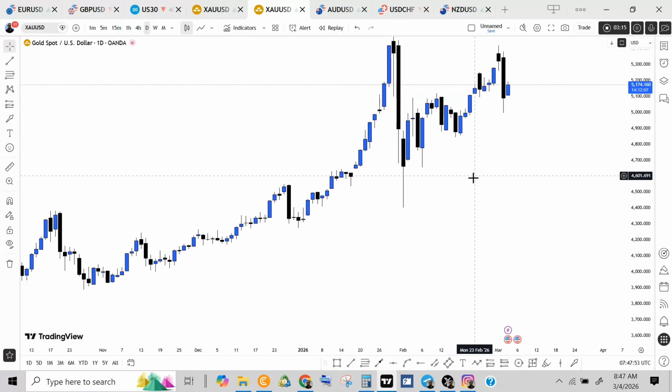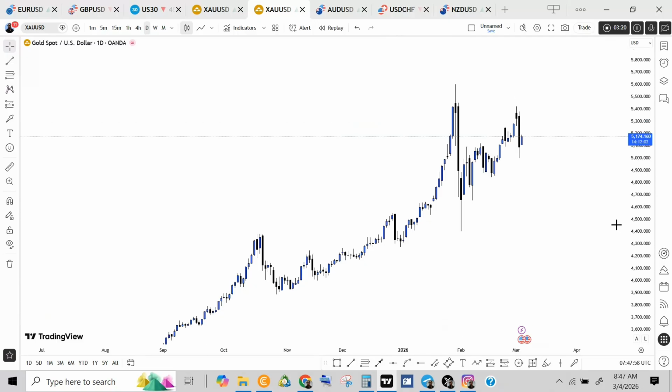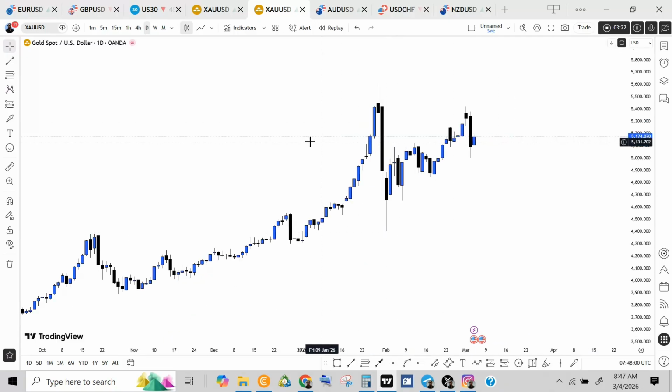Now on the daily time frame, we are also looking at this market. The market is overall bullish. Okay, but there are key levels we need to take into consideration, and I will start drawing them out.